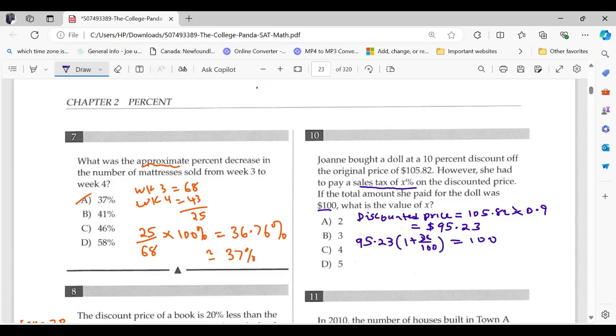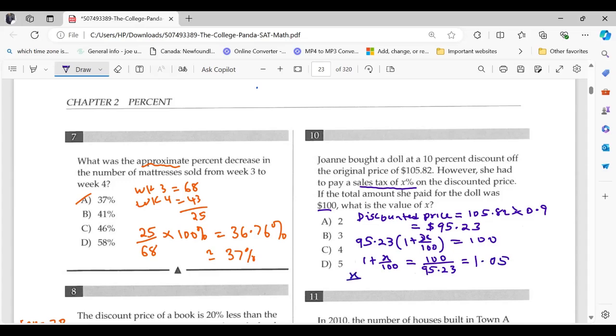So 1 plus X over 100 will give us 100 over 95.23, which is equal to 1.05.